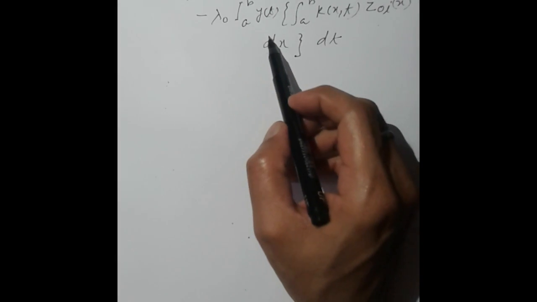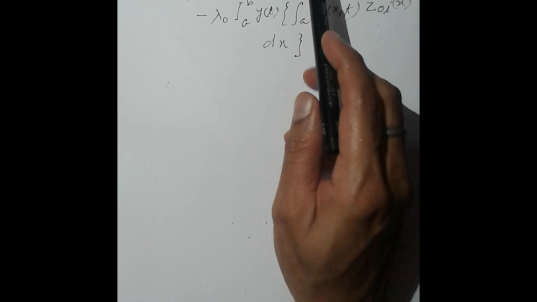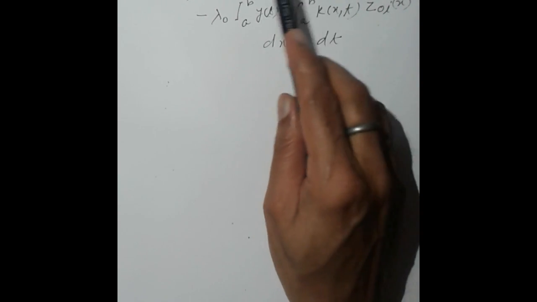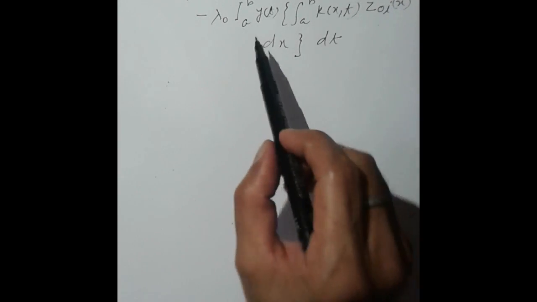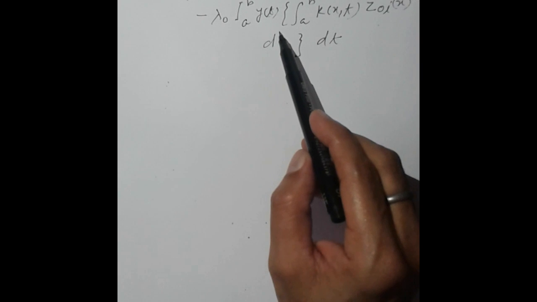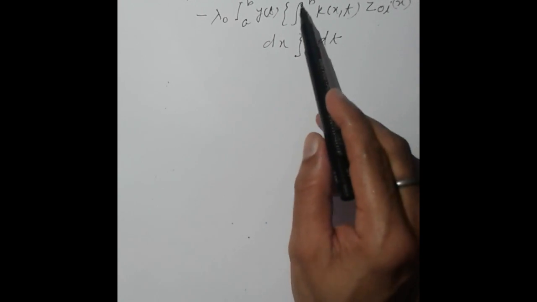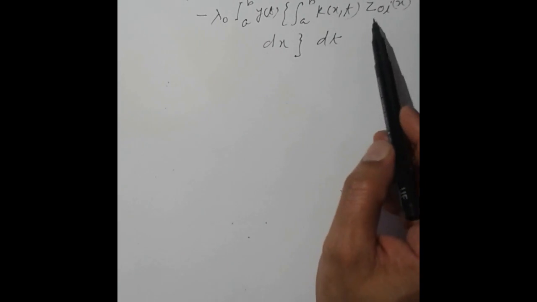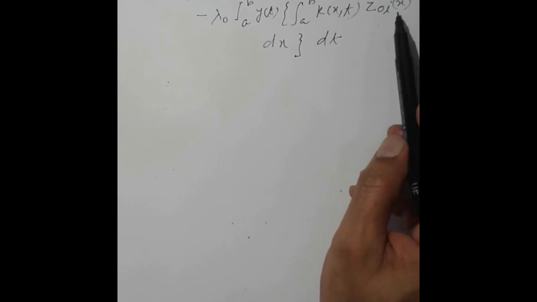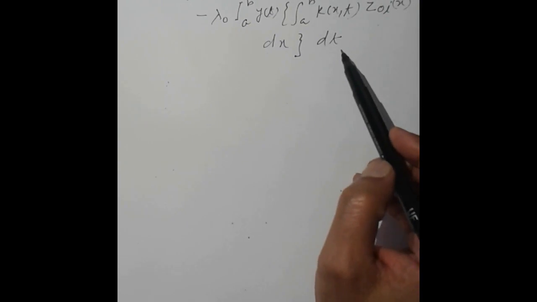Here we change the order of integration of this double integral. Then we have the integral a to b y(t), the integral a to b k(x,t) z naught i(x) dx dt.